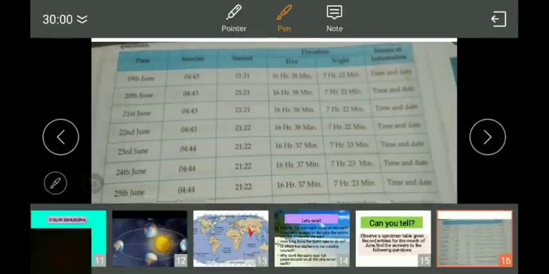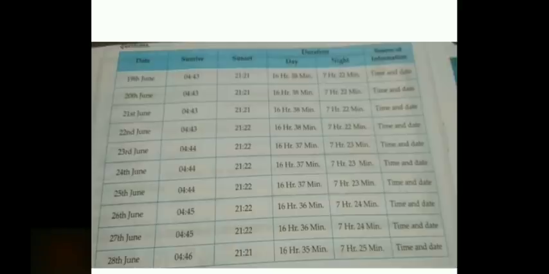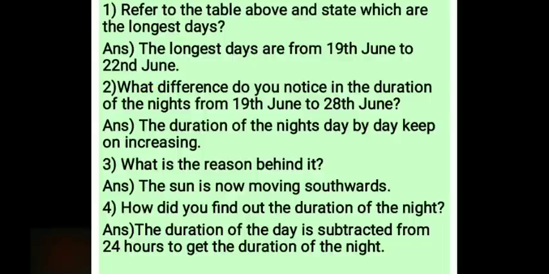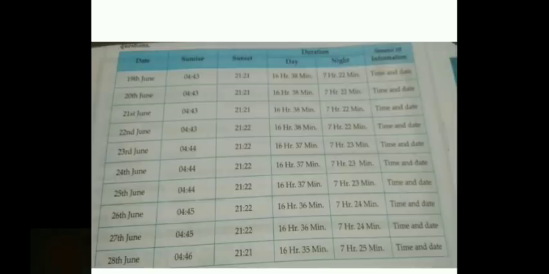This is sunrise of 19th June, sunset of 19th June. The day was 16 hours 38 minutes. Subtract that from 24 hours, so the night will be 7 hours 22 minutes. Similarly, you can go for another date, 20 June till 28 June.